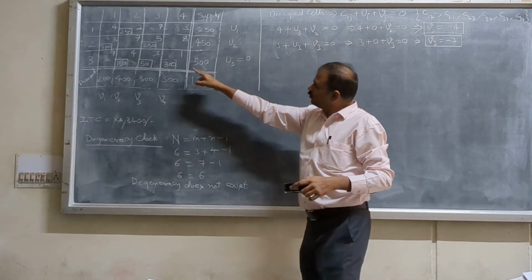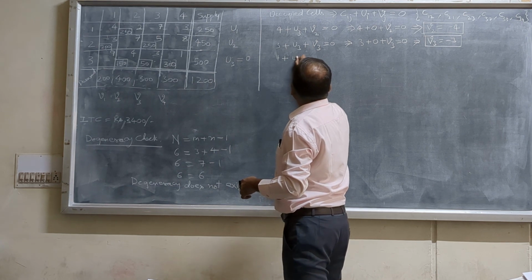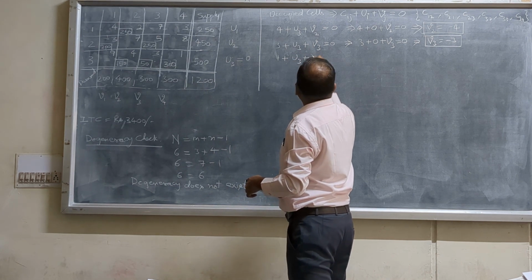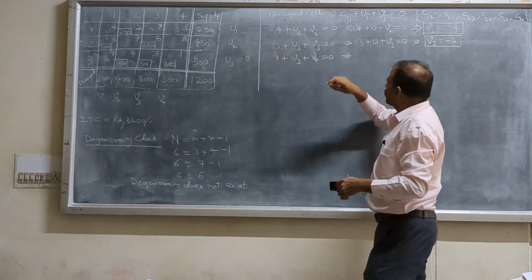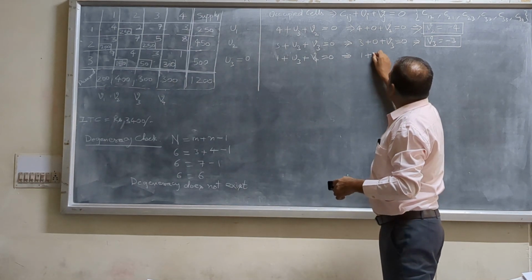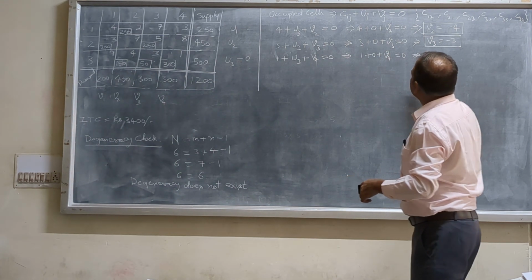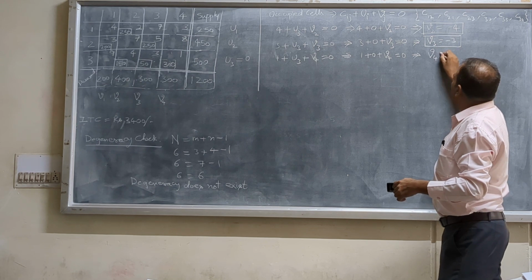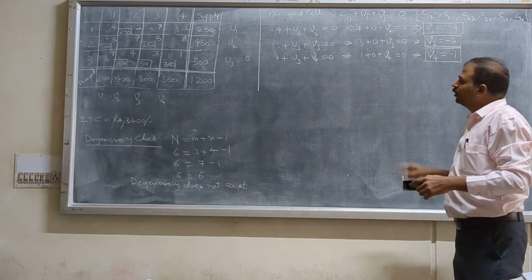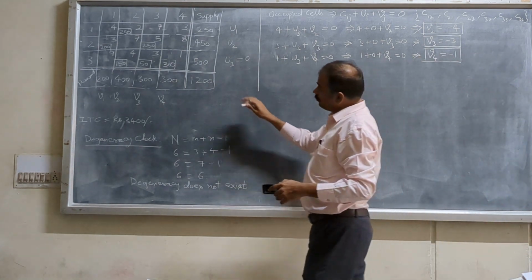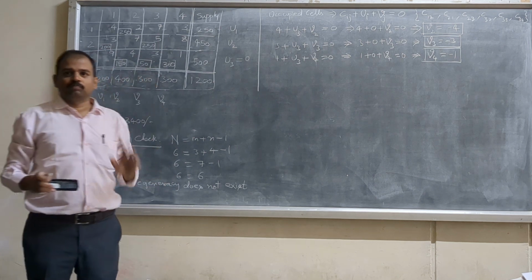We take the next cell from this same row: 1. 1 plus U3 plus V4 is equal to 0. This implies 1 plus 0 plus V4 is equal to 0, so V4 is equal to minus 1. Please correct me if I am going wrong. So we have finished the allocations of that row.